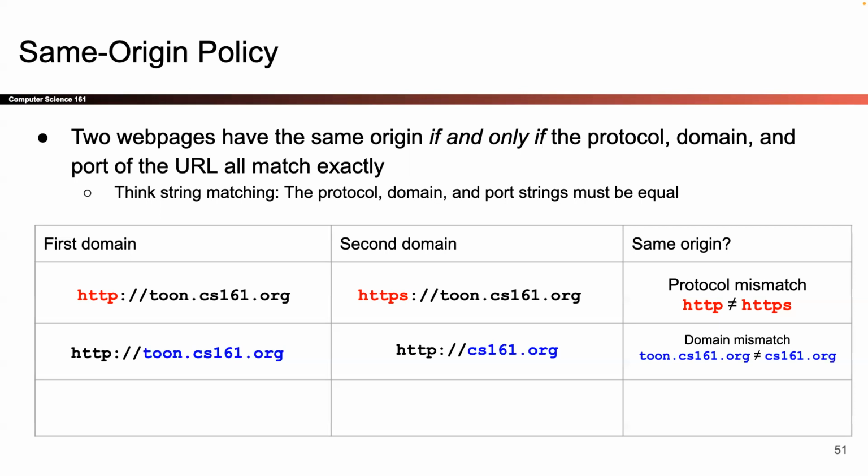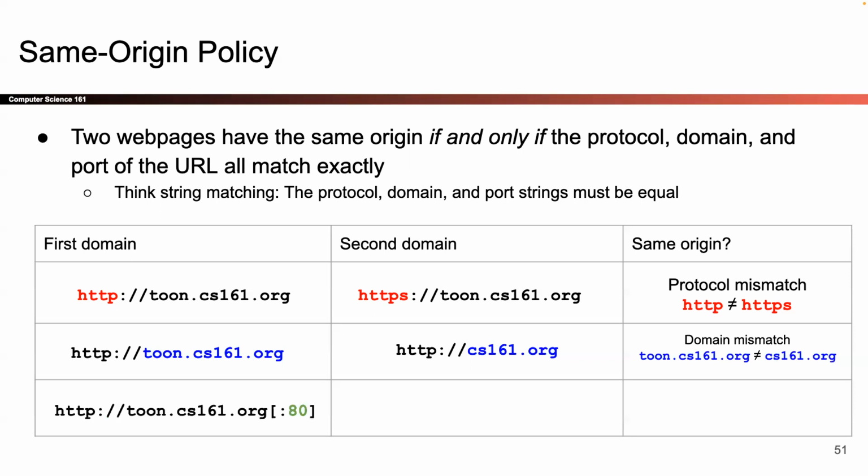And again, you might be like, but wait, aren't these both owned by the CS161 domain? Aren't they both somehow related to CS161? How are they not related? Same origin policy does not care. It just looks at the strings, and if the strings don't match, it reports false and says these 2 resources are not allowed to communicate with each other. So the website on the left has JavaScript and the website on the right has JavaScript. They are not allowed to access each other's resources.